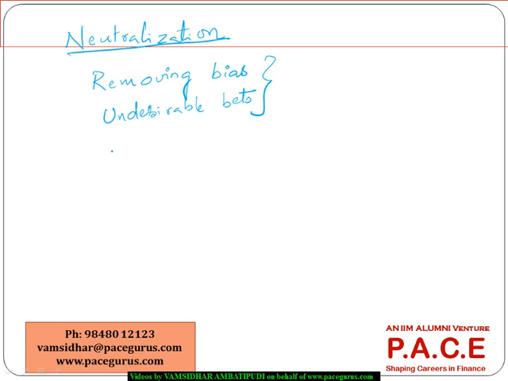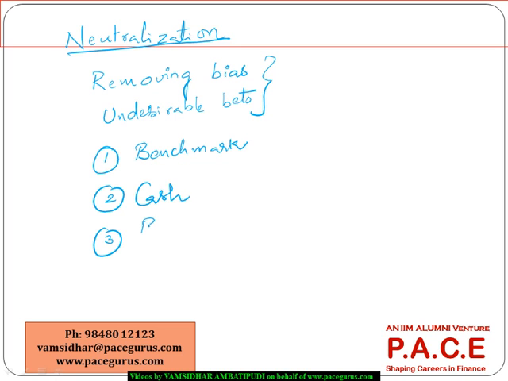Generally, there are various mechanisms available to do the neutralization. One commonly available mechanism is benchmark neutralization, two, I could look at cash based neutralization, and three, I could look at risk factor based neutralization. So we are making the portfolio neutral on these dimensions.